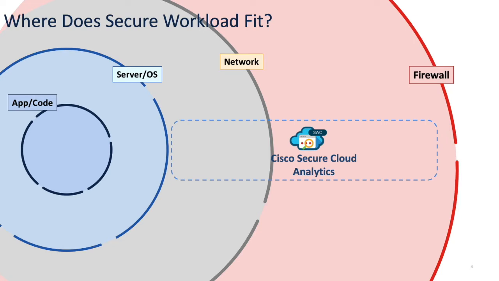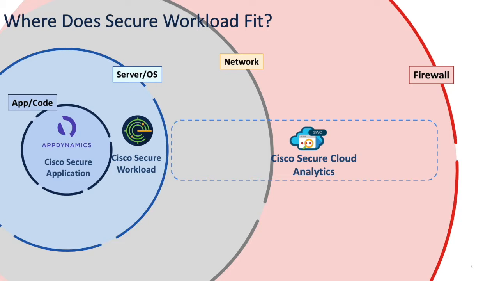Cisco Secure Cloud Analytics, aka StealthWatch Cloud, can provide the security intelligence on the network about threats inside and outside the firewall. Cisco Secure Workload provides security intelligence and protection on the server and operating system. Cisco Secure Application provides security intelligence and patching on the app code level.